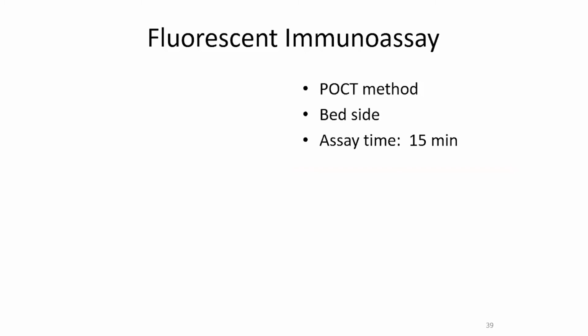POCT is meant for the emergency parameters wherein, based on the value, you are going to save the patient. It is not that emergency parameter compared to your ABG, right? So especially in our hospital, we are not using this fluorescent immunoassay POCT method.